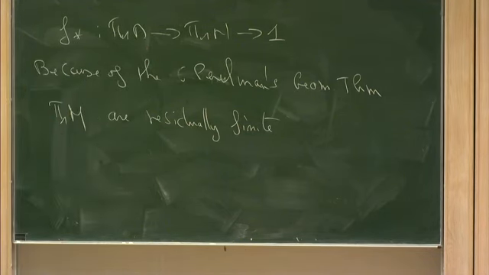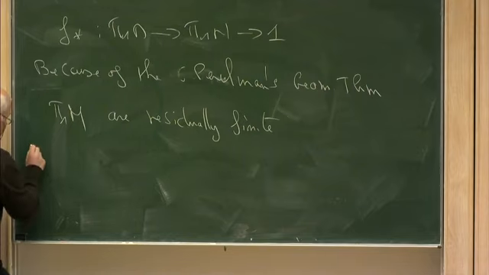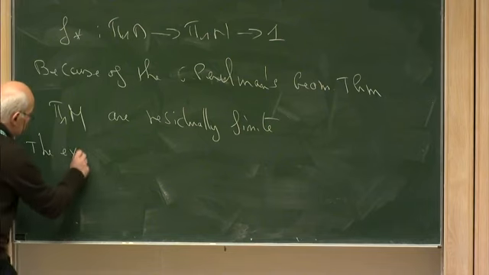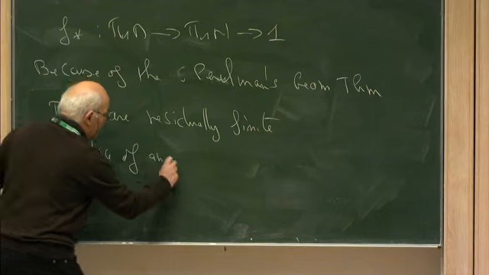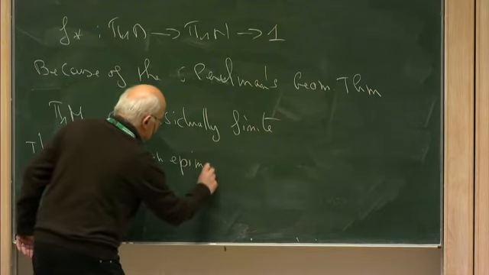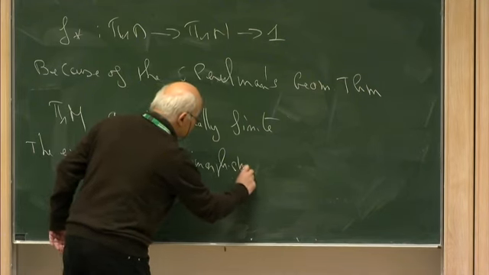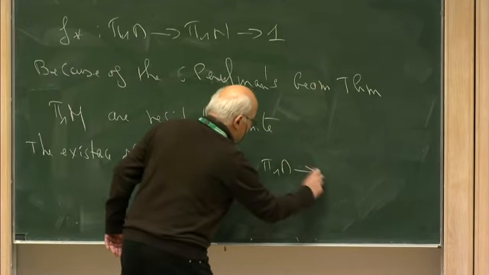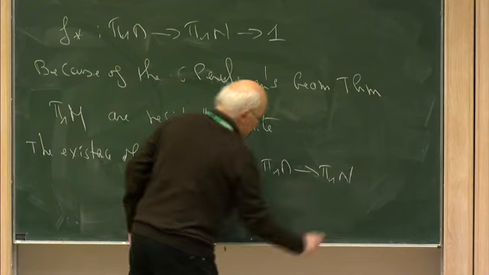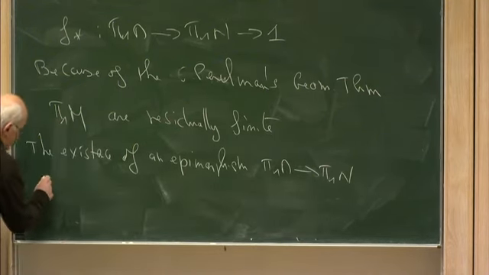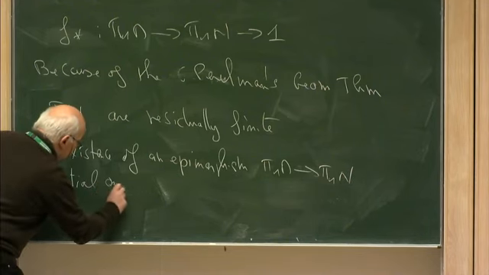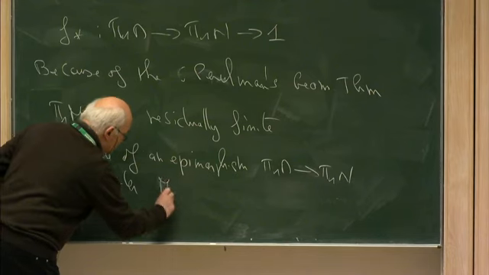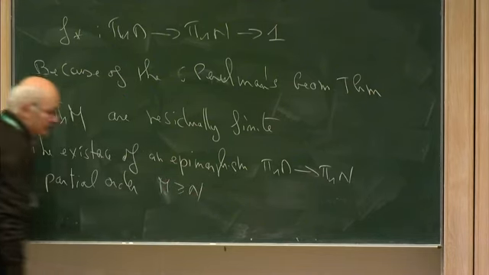So it's a partial order. We can say that M in some sense is bigger or equal to N.